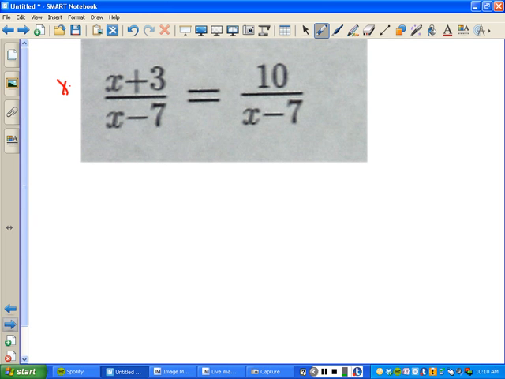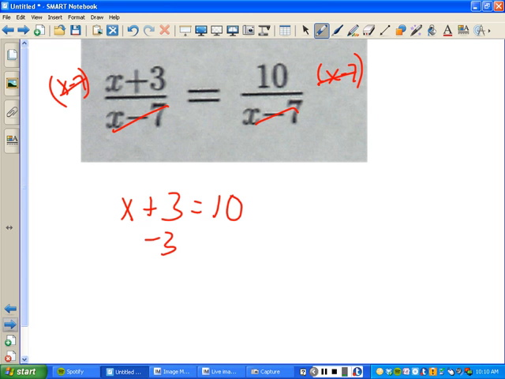You're going to do x minus 7 here, x minus 7 here. Now remember, cancel first, multiply second if you have to. Cancel first, multiply second. So what do you have? X plus 3 equals 10. And what do you get? X equals 7.